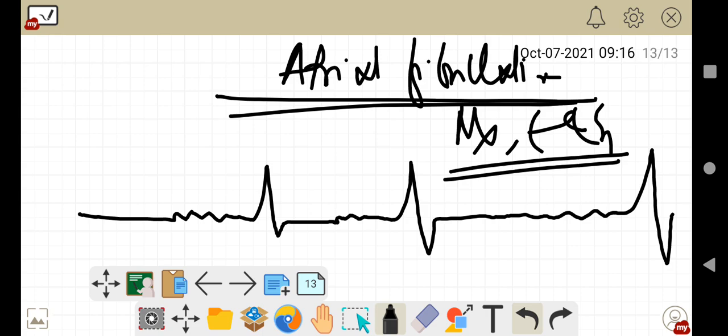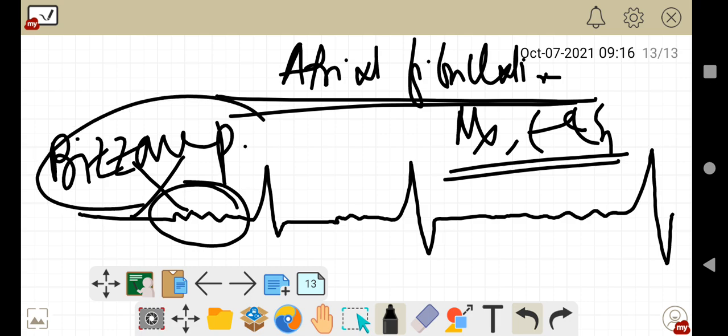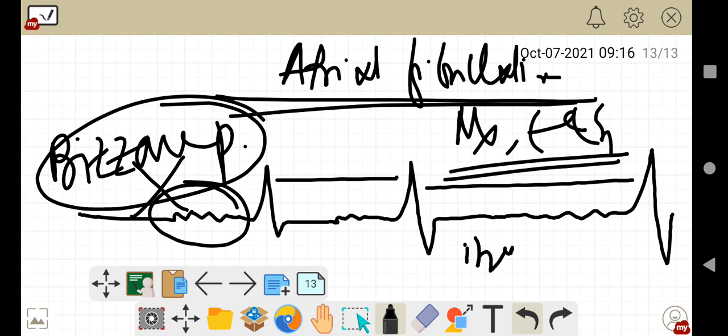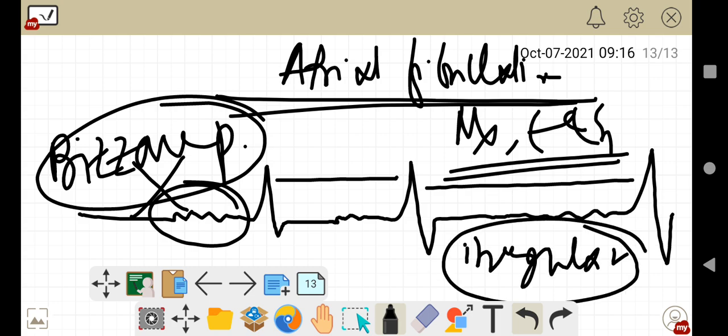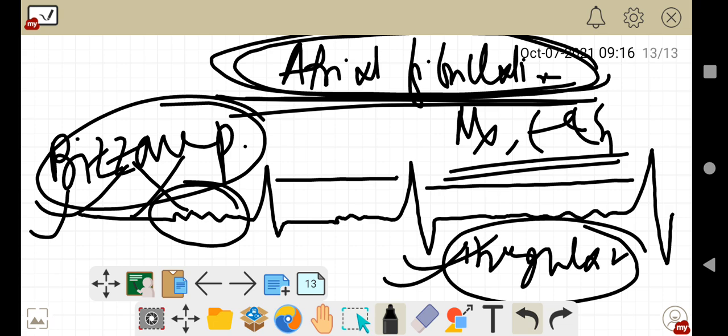Like we mentioned 2.5 small boxes, this is the characteristic of a P wave. There is no characteristic P wave here, so we can call this a bizarre P wave. And see the RR gap: this is completely irregular. So this makes the diagnosis of atrial fibrillation. First is the bizarre P wave, and next is the irregular RR interval.